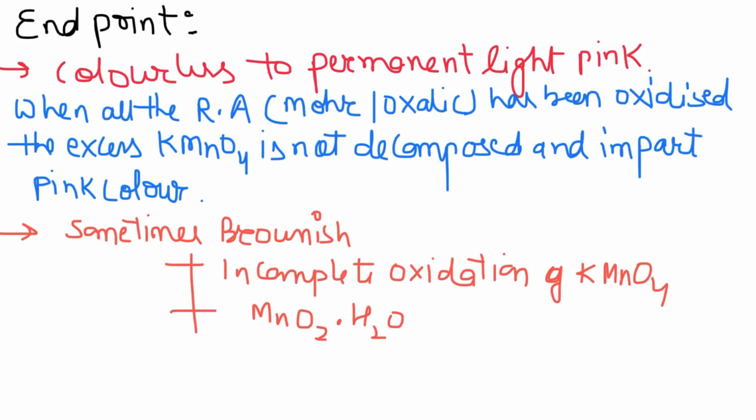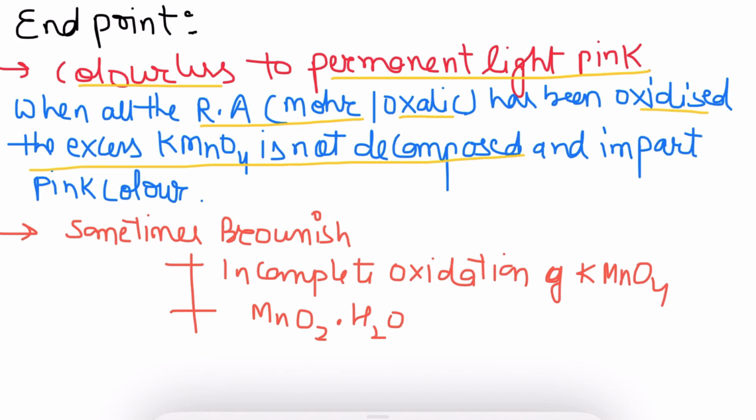Endpoint of the titration is colorless to permanent pink, which arises because when all the reducing agent, whether Mohr salt or oxalic acid, has been oxidized, the excess of KMnO4 is not decomposed and imparts permanent pink color.